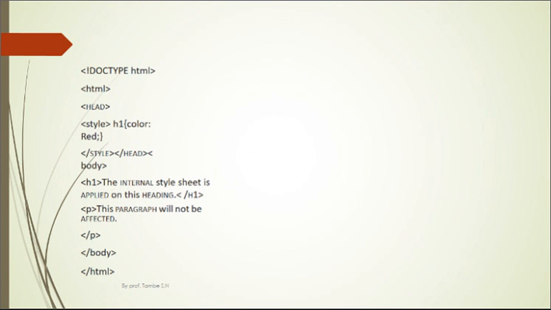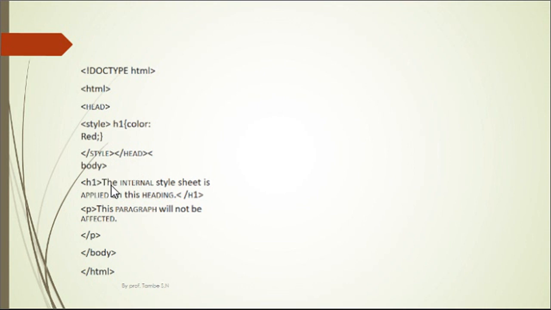We can see a small program. First, the HTML head. In the head section we have to write the style. In that style, h1 color is equal to red, and end the style in the head section only. After ending the style we can end the head, and after that we start the body part.